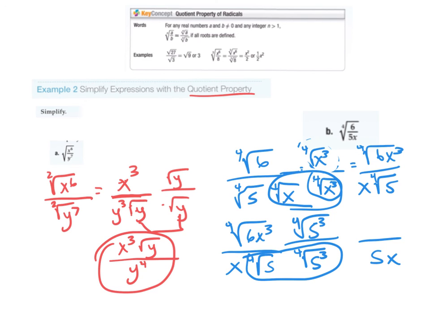And if I do the top part, I multiply 5 cubed times 6, let me do that real quick, 5 cubed times 6 is 750. So the 4th root of 750, and we still have our x cubed in there. And then we have our 5x on the bottom because it's simplified with no radical in the denominator.